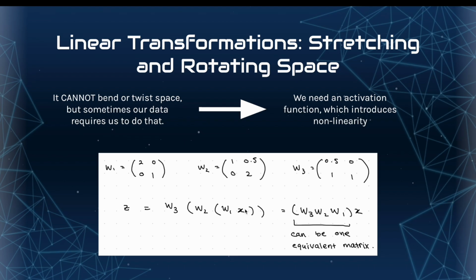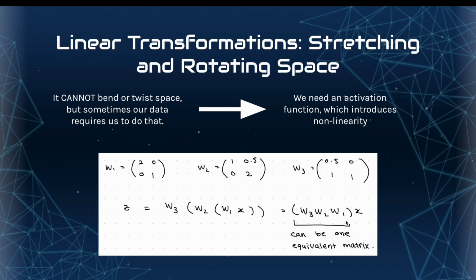We're essentially multiplying X by each of these three matrices. However, this is also equivalent to multiplying the three matrices together and multiplying that by X. Mathematically, W3 times W2 times W1 can be computed as a single equivalent matrix.